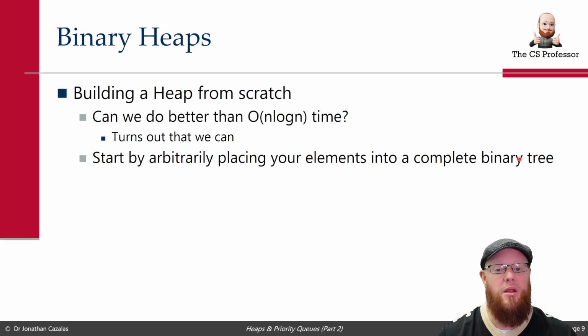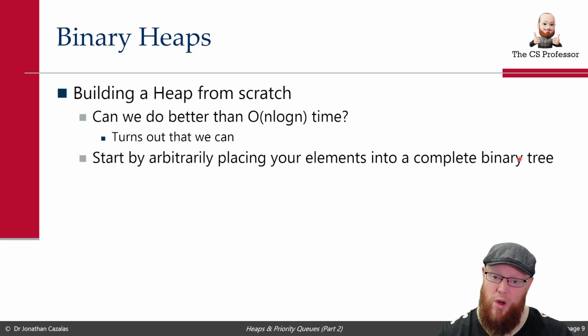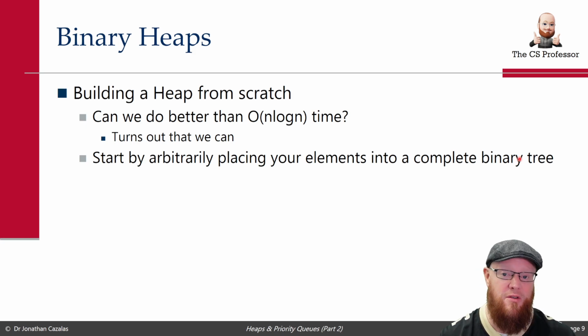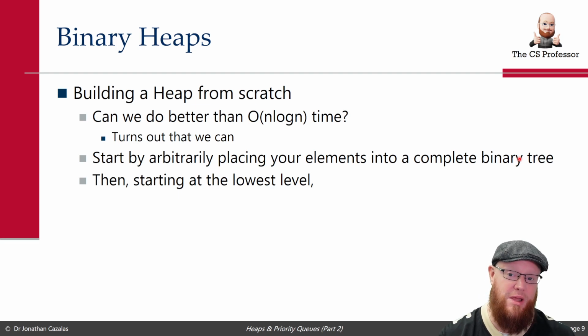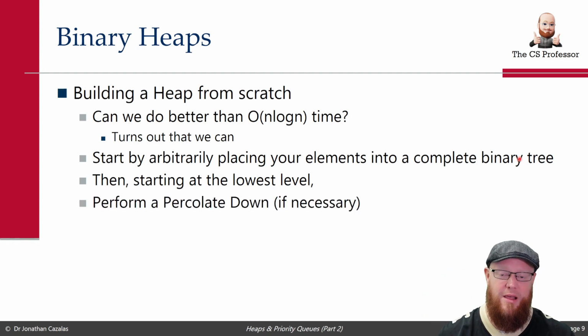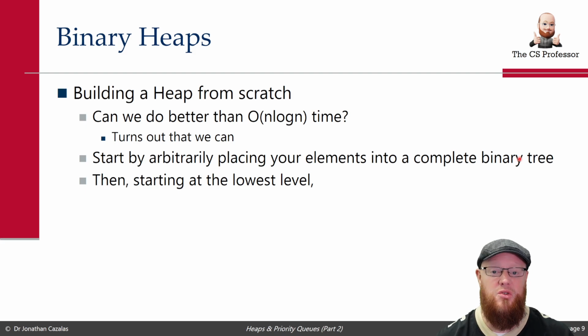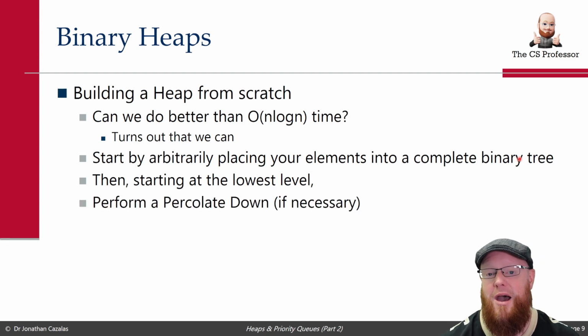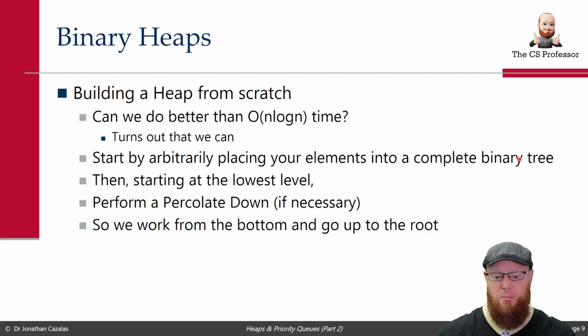We're going to get there, but pretend that we can implement this in a fast way, without any traversing, where we insert all of our values into a complete tree, going level by level, starting at the root. Then after we do that, starting at the lowest level, we're going to perform percolate down commands, only if necessary. And we're going to work from the bottom and go up.